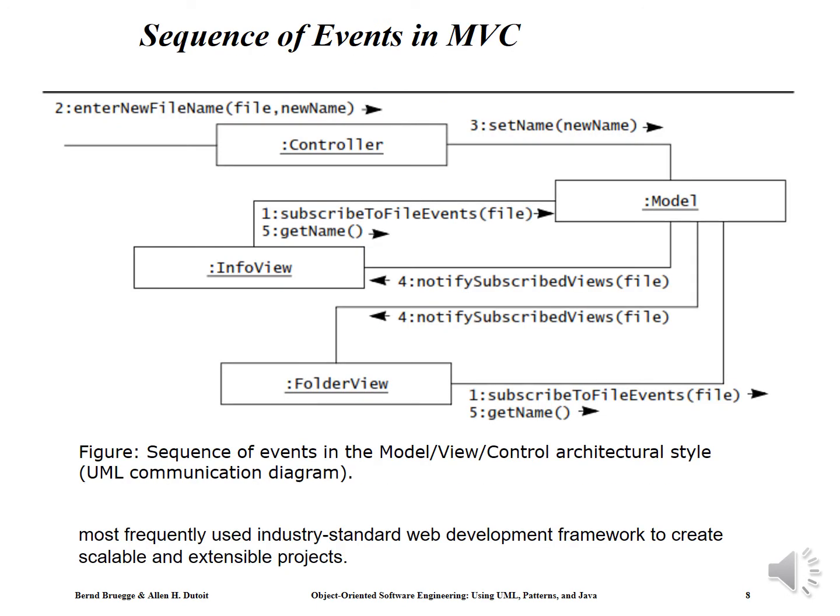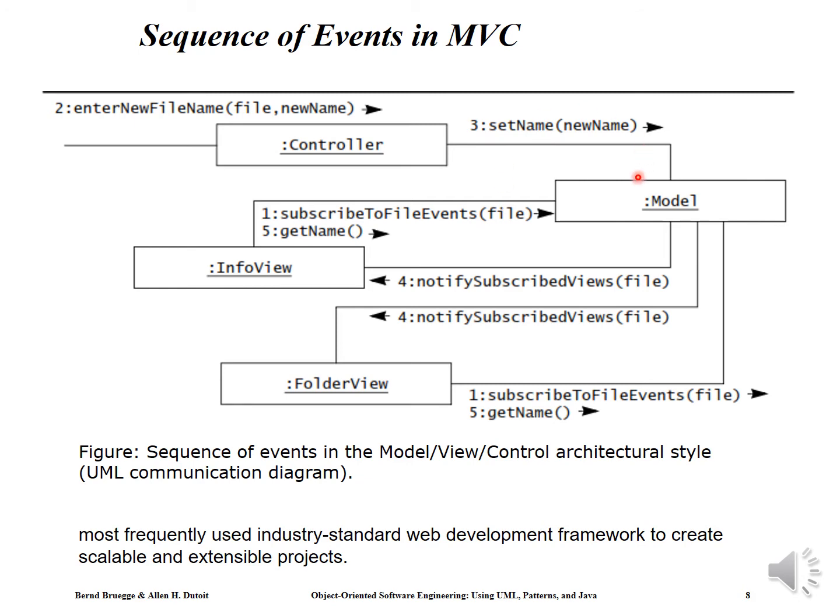An example of model view controller architecture style is the info view and folder view. They subscribe for changes to the file models. The user types the new name of the file. The controller, which is the object responsible for interacting with the user during file name changes, sends a request to change the name of the file to the model.